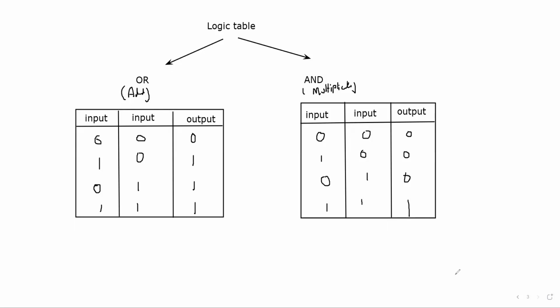Now, where are you using this gate? For example, the AND gate: if you want to withdraw cash from an ATM machine, inside the machine it has an AND gate.